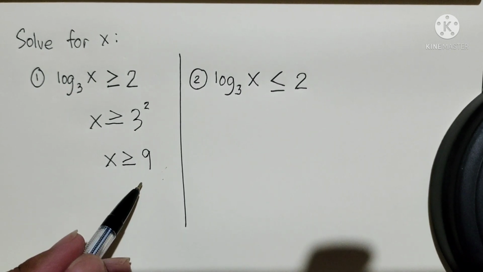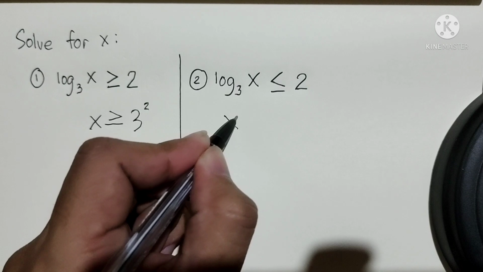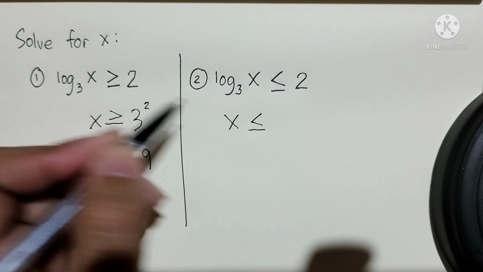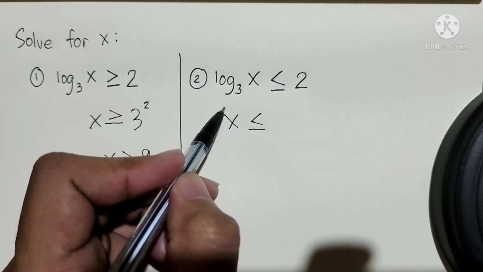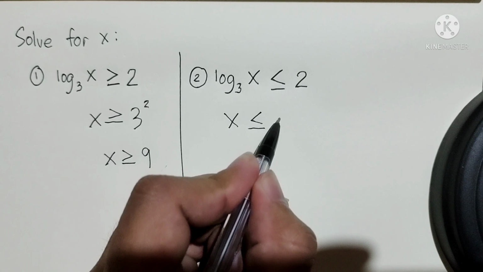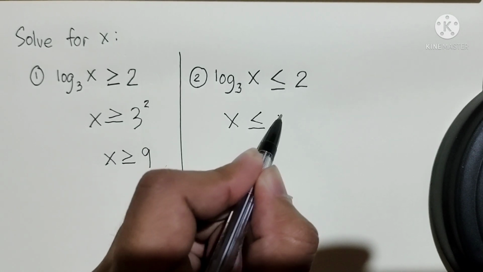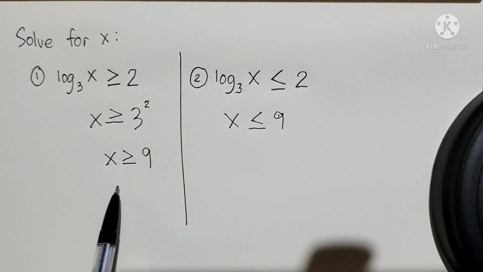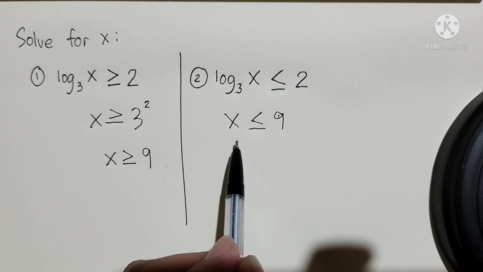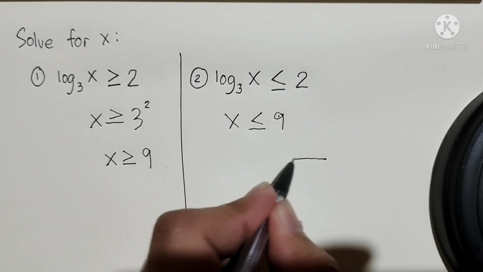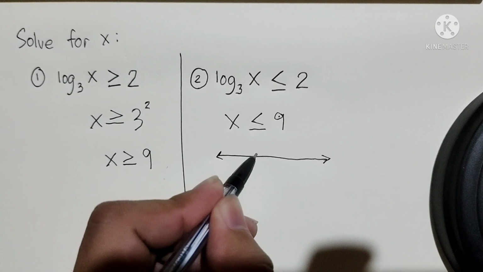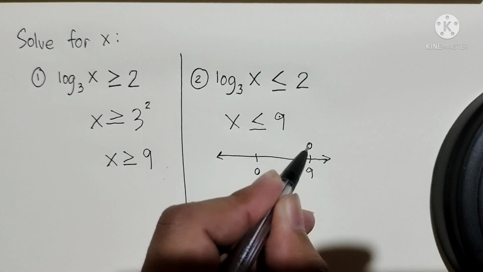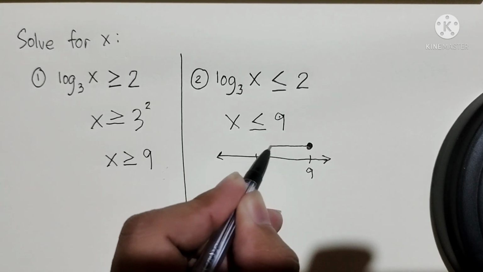While for the second item, so same lang yung gagawin natin. We imagine this as an equal sign, and then ita-transform lang natin ito. And then that will give us x is less than or equal to 3 raised to 2, that is 9. Kung yung solution nung number 1 walang issue, dito meron. Because this interval includes yung mga numbers that are less than 0. Dahil yan ay 9, included si 9, pababa.